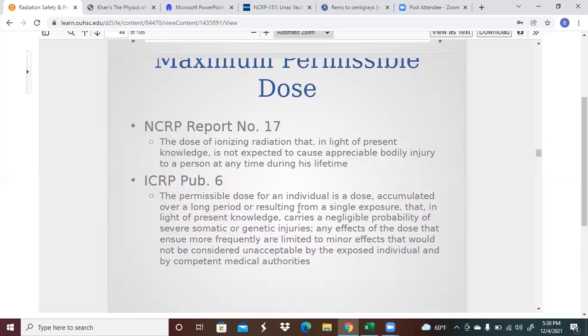ICRP publication 6: the permissible dose for an individual is a dose accumulated over a long period or resulting from a single exposure that, in light of present knowledge, carries a negligible probability of severe somatic or genetic injuries. Any effects of the dose that ensue more frequently are limited to minor effects that would not be considered unacceptable by the exposed individual and by competent medical authorities.